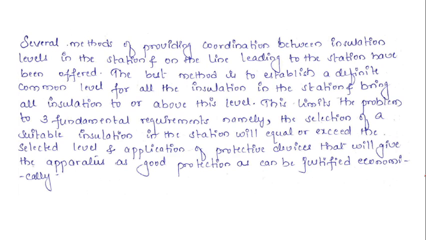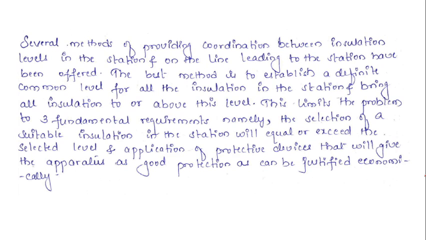Several methods of providing coordination between the insulation levels in the station and on the line leading to the station have been offered. The best method is to establish a definite common level for all the insulation in the station and bring all insulation to or above this level. So we need to maintain a certain level so that all the equipment is given the same insulation level.